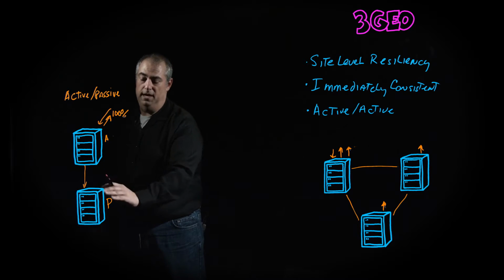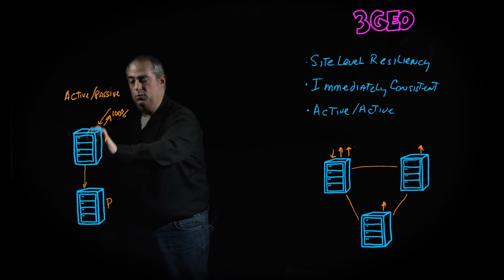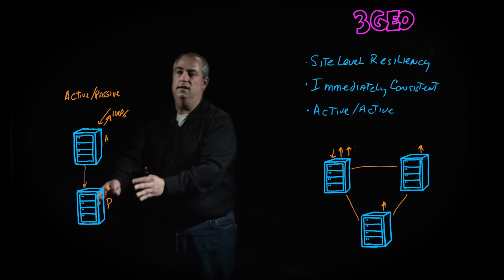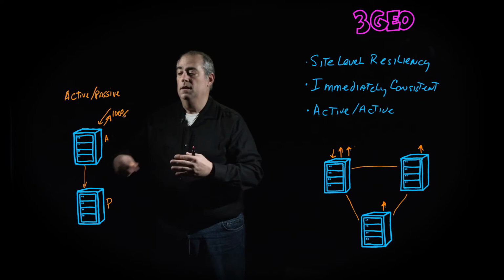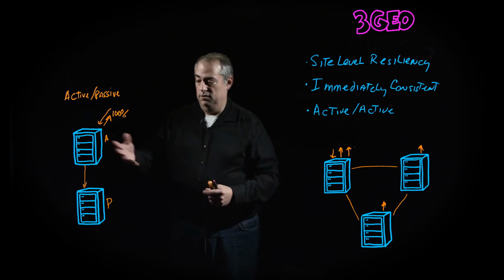Data that's retrieved at the passive site can be stale, can be non-existent. So typically, customers will drive 100% of their traffic to one location and use the secondary site as just a failover. So this gives us a couple of challenges when we're using this as a deployment model.